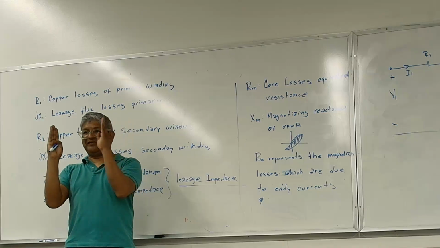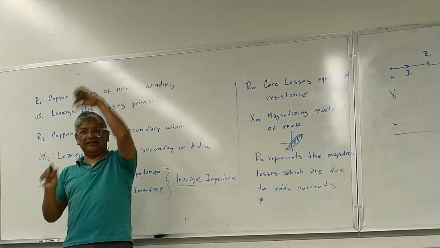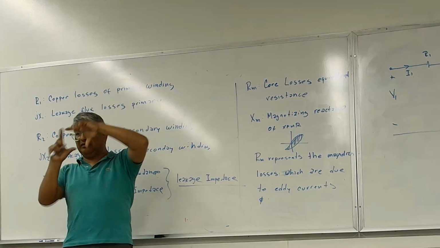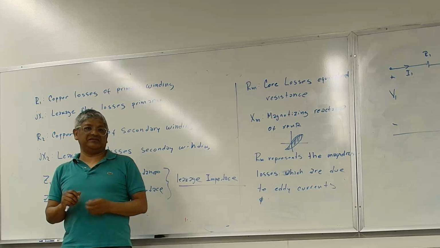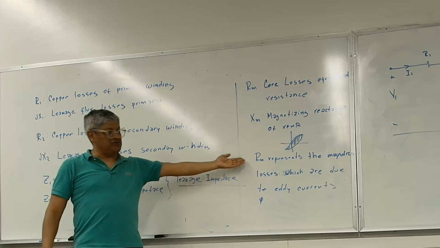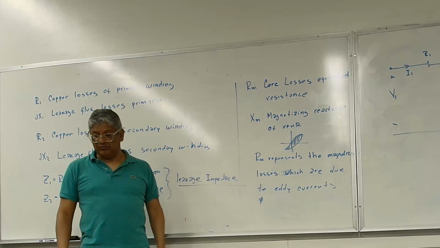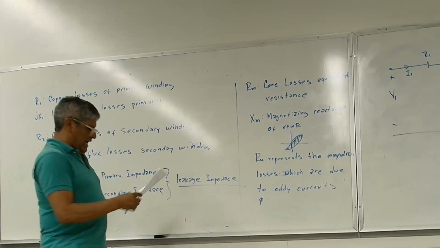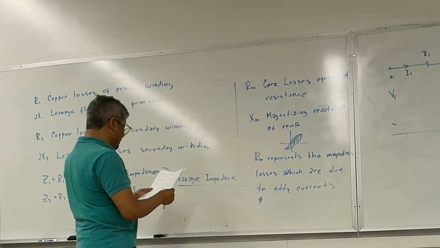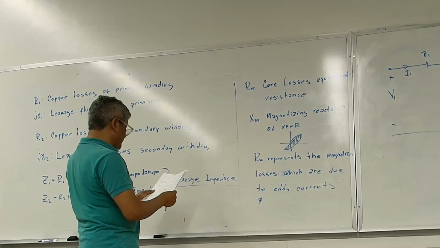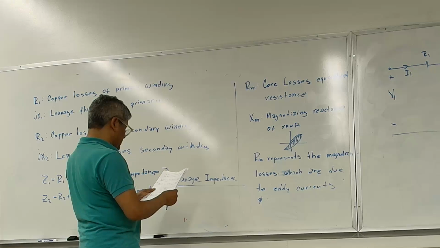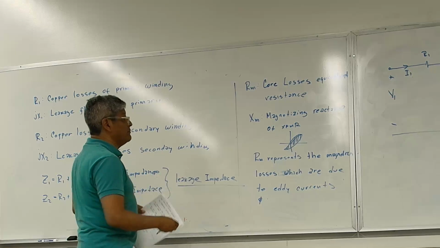So what you want to keep is that hysteresis loop as thin as possible. The larger the hysteresis, the more losses you have, the higher the RM will be. And the XM as well.